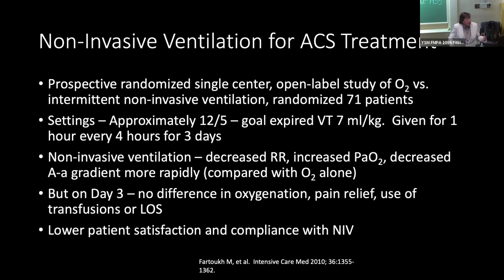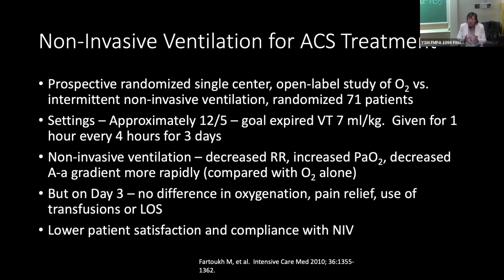What do we know about non-invasive ventilation for treating acute chest syndrome? Well, what's been published in the literature is a prospective single-center study of 71 patients, randomized to either oxygen or intermittent non-invasive ventilation for treatment. They used settings of 12/5 with a goal tidal volume of around 7 milliliters per kilogram, done 1 hour out of every 4 for about 3 days.